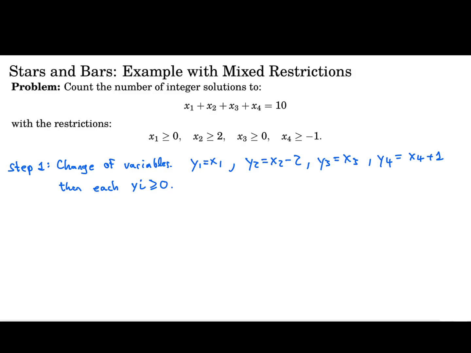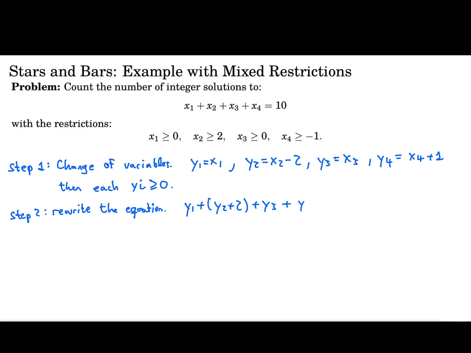Now, once we've done that, we can rewrite. So step 2, let's rewrite the equation, but now using the y's. So x1 is y1, x2 is going to be y2 plus 2, x3 is going to be y3, and x4 is going to be y4 minus 1.